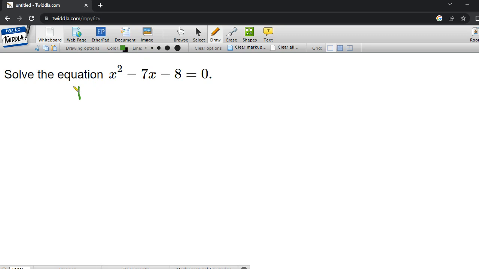So, the first method, we will use the discriminant formula.